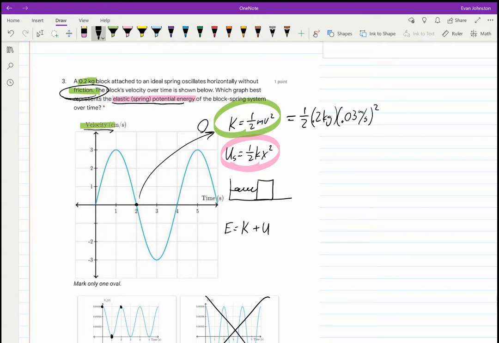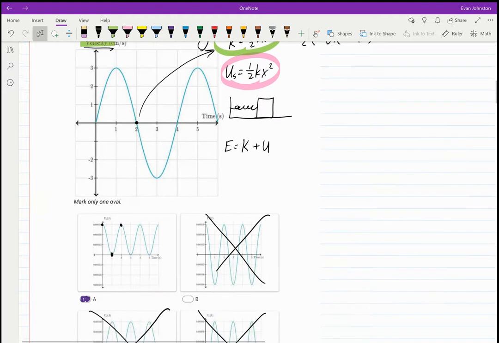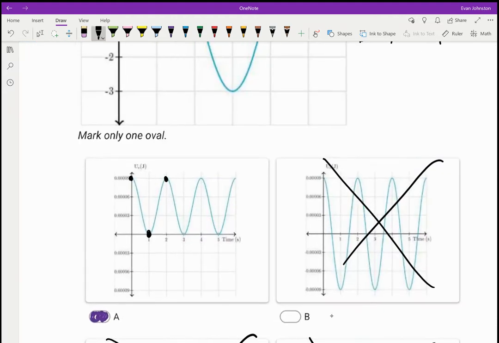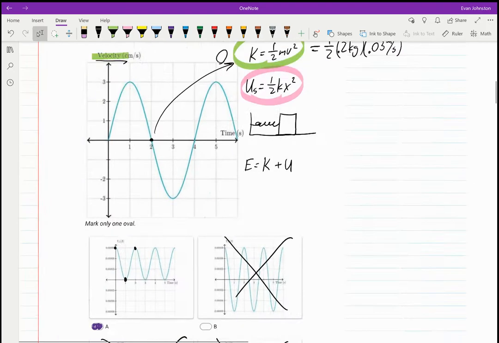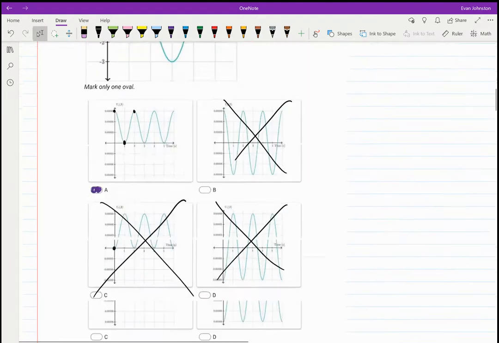It's actually not even popping up on my calculator, but it does turn out to be 0.00009 right there. So we could have done this with math or just looked at the graphs.